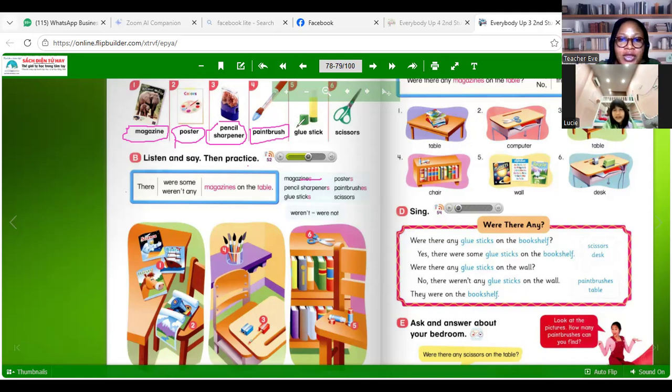Okay. Then we have number 5. Glue stick. Good. Glue stick. Okay. Then number 6.